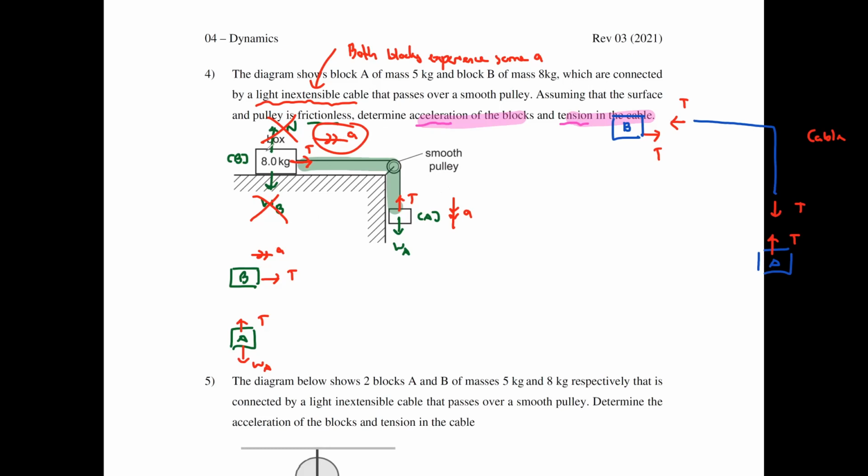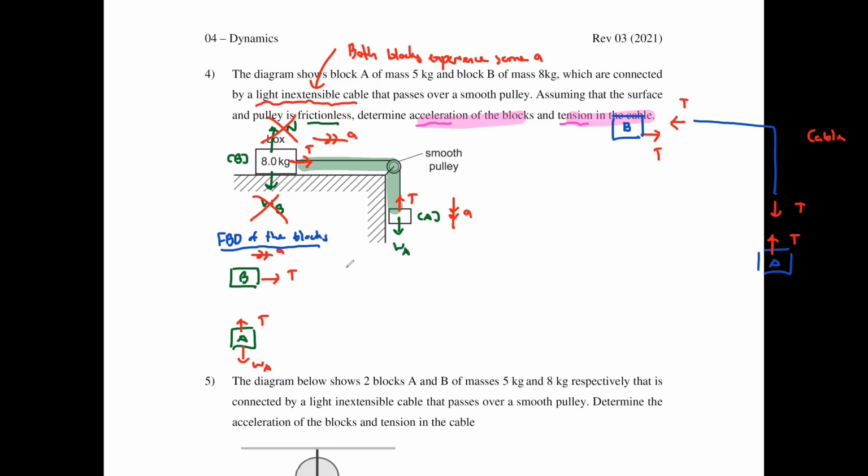So I can just ignore the weight of B and the normal reaction force N. They don't do anything to the acceleration. I only consider the forces along the same direction as my acceleration. So this is the proper free body diagram of the blocks that I want to use.